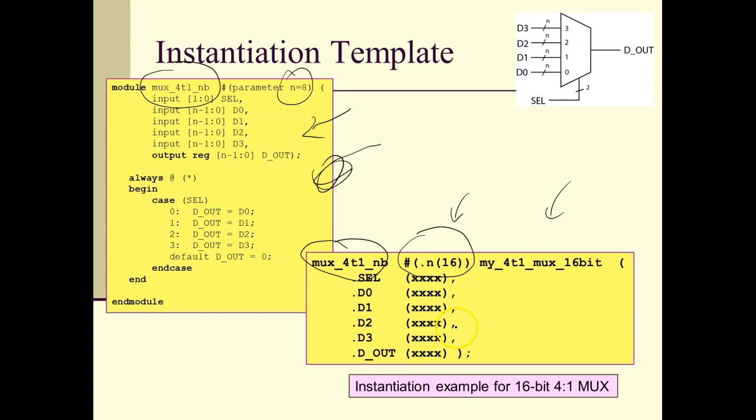I've left these X's in here just as an ugly placeholder to remind myself that I've got to go replace all the inputs and the outputs with actual values from my top-level circuit. So once again, this is the definition of a generic n-bit 4-to-1 mux. This is the instantiation template that I will use to instantiate a 16-bit 4-to-1 mux.